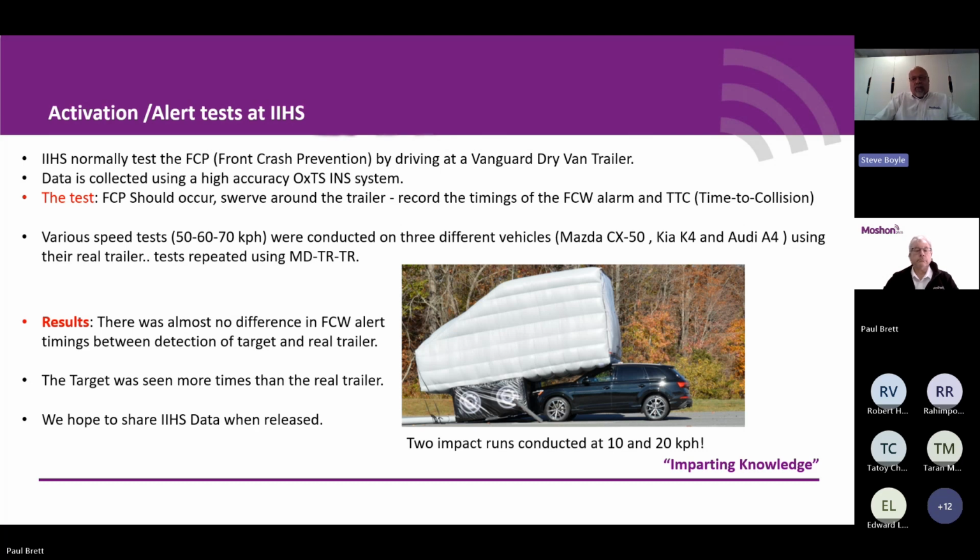They also braked and didn't hit the trailer and stopped in time. So the conclusions were that we managed to replicate the real trailer very well, and that the 3 cars that had all detected the real trailer also detected our fake trailer with the same results.